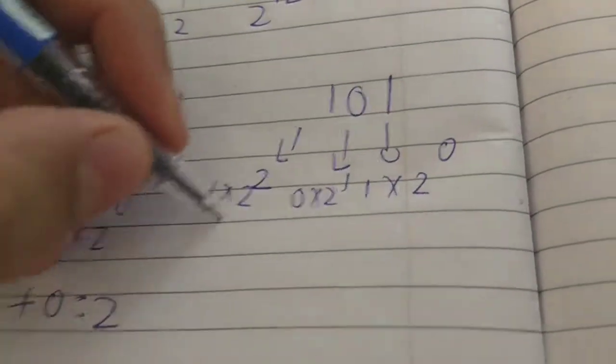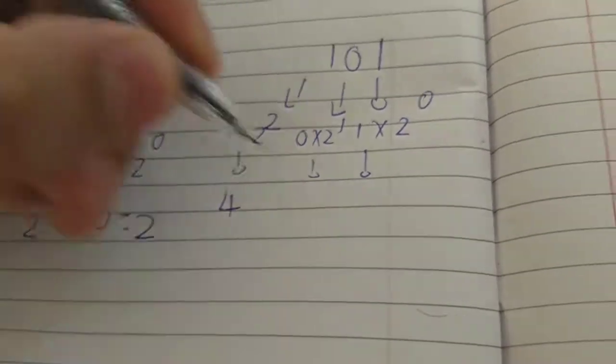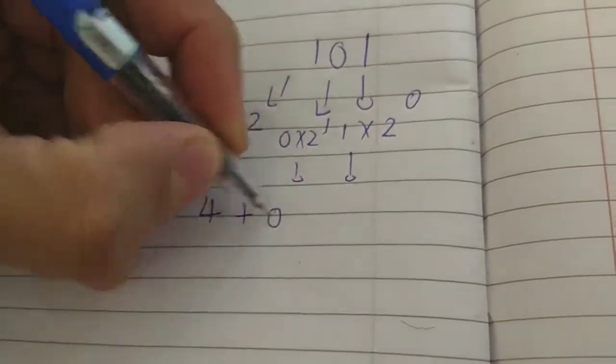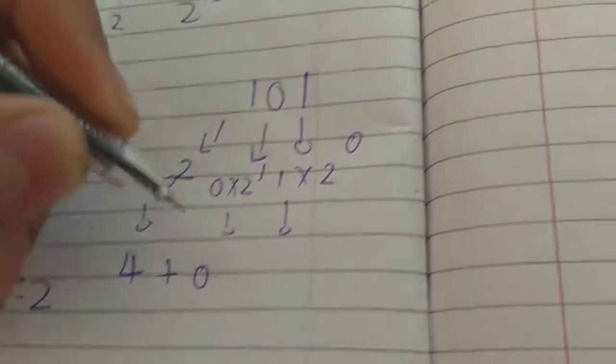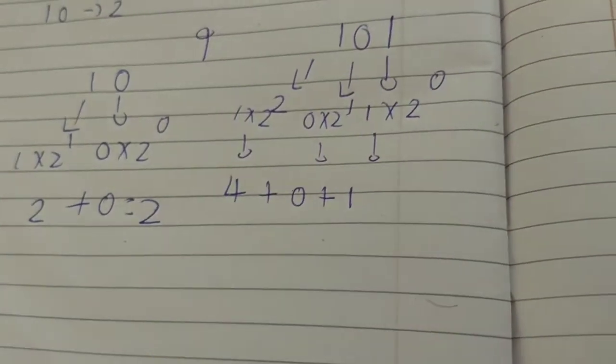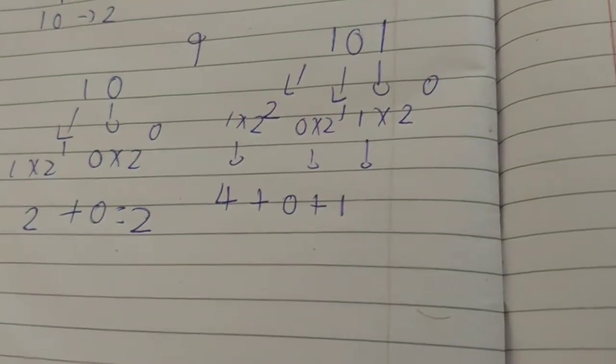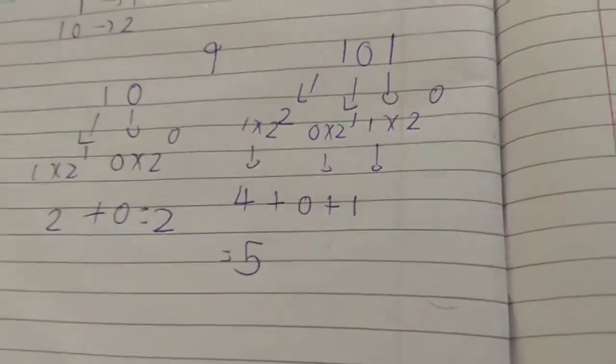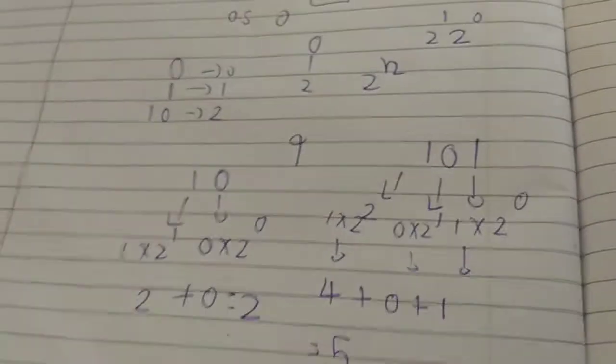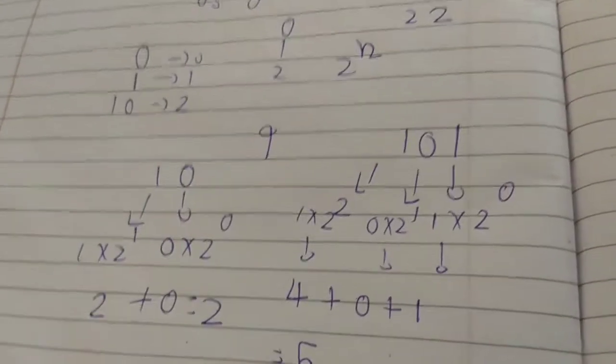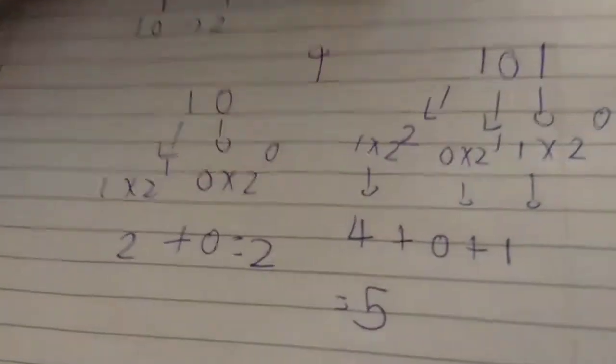If we add all these up, that is 4 plus 0 plus 1, which means 5. So the whole number system can be represented in this way, in powers of 2.